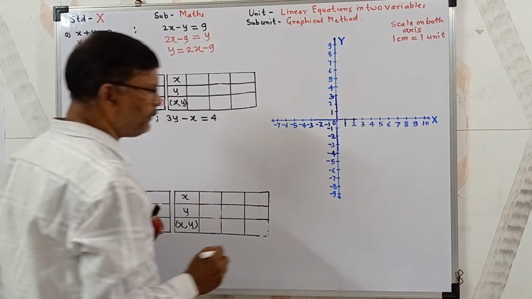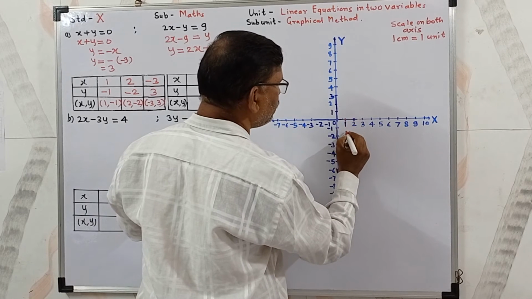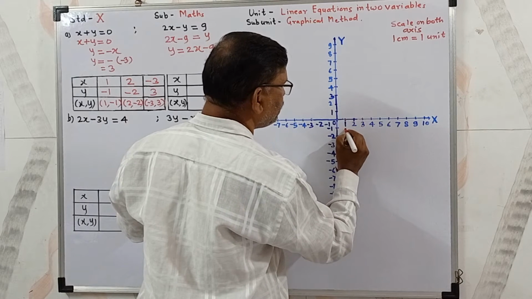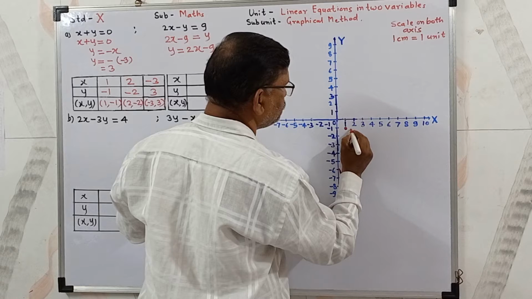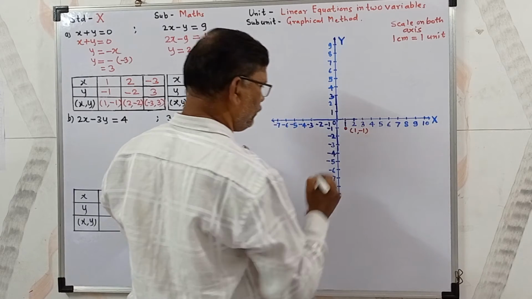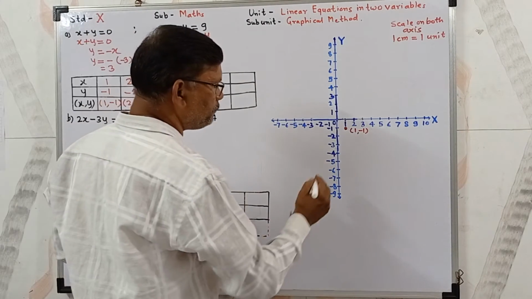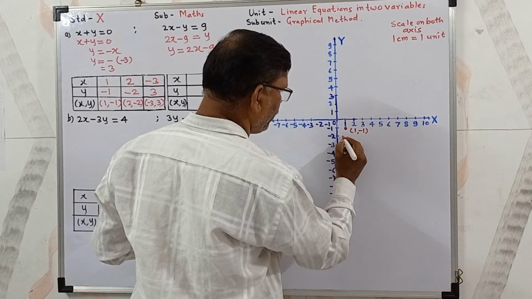1, minus 1. Here x is 1 and y is minus 1. Here is the point. Which is the next? 2, minus 2. Here is 2, minus 2.